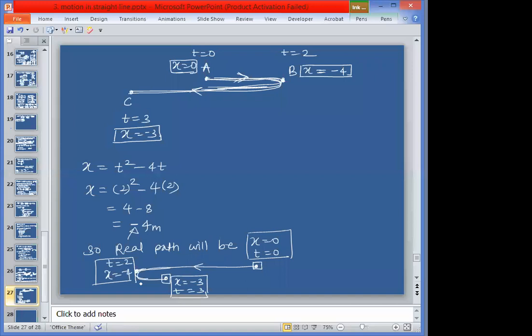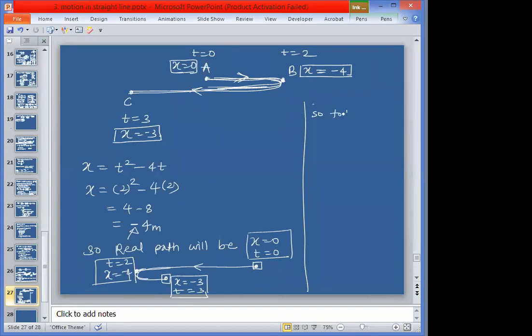Clear and written up to this. Slowly try to understand. मजा येते अशी question solve करायला. Good. Chalo.